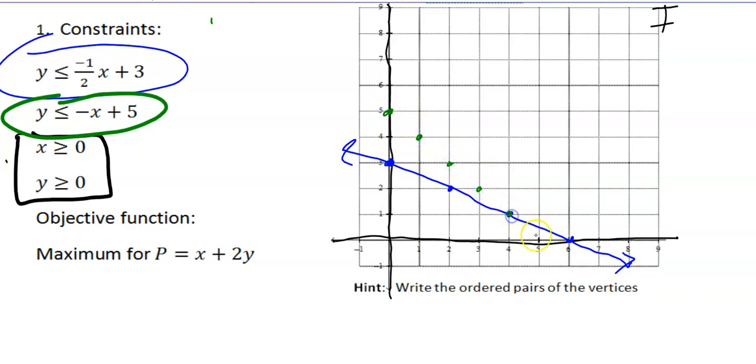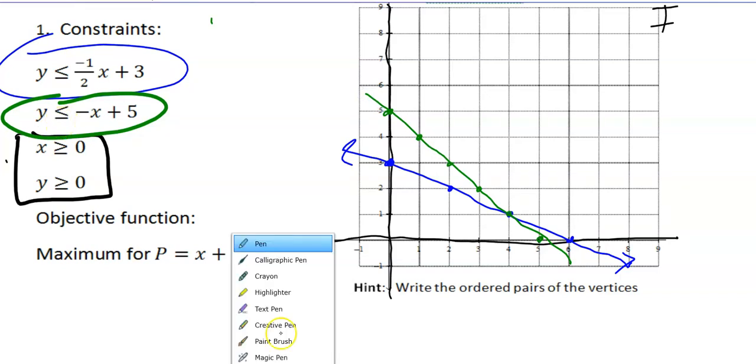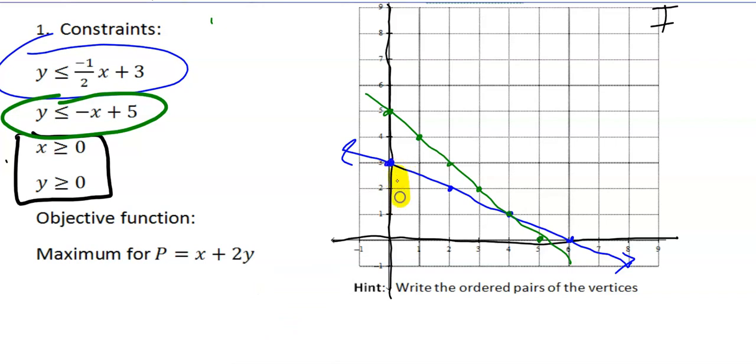I like that it goes through that nice point right there. Go ahead and graph your line. This one also is shading down because it's less than. So the solution region is just below the blue line and below the green line, and also only positive values or 0 or more for x and y. I'm not including anything other than the first quadrant. So that's really my graph there.